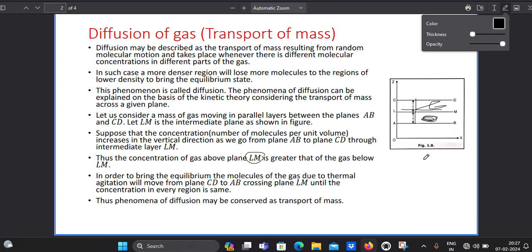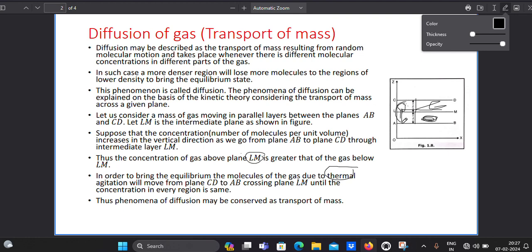Here, thermal agitation means, because of temperature, the molecules present on the CD side, the high density molecules, move towards AB through the LM plane. Then this side density decreases and this side density increases.